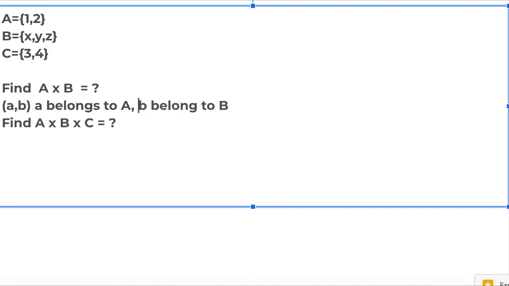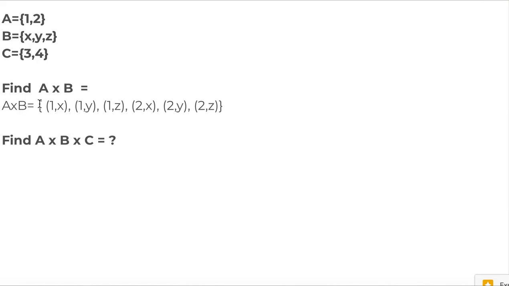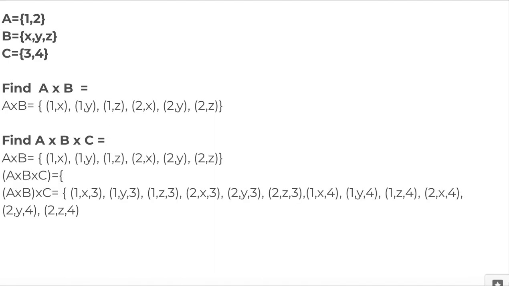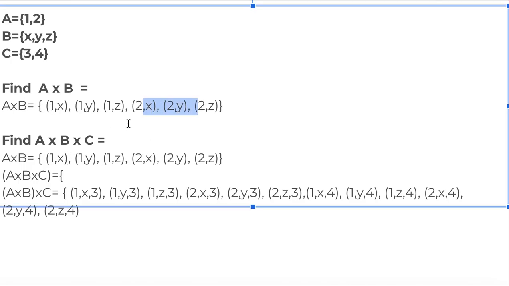Alright, so let's find the answers for the first one. A cross B would be 1x, 1y, 1z, 2x, 2y, 2z, right? How do we find A cross B cross C? That's going to be tedious. So let's just take A cross B as written, 1x, 1y, 1z and so on. That's what we got right here.